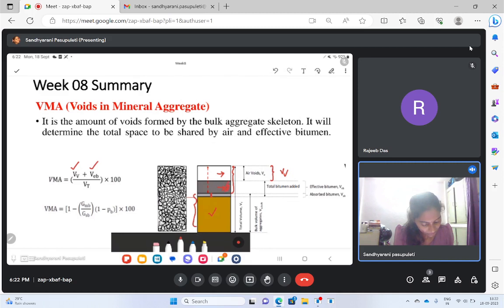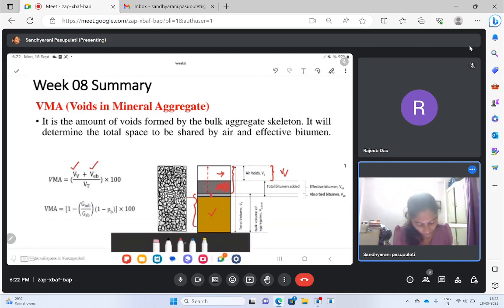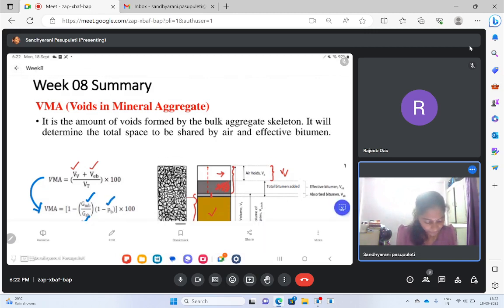These two volumes together are called VMA. We have also seen the detailed derivation of this in the video lecture. So we can rewrite this VMA in terms of bulk specific gravity of mixture, bulk specific gravity of aggregate, and percentage of binder content in the mixture.